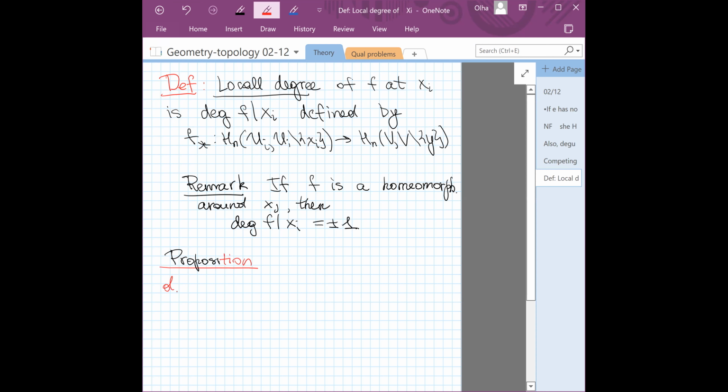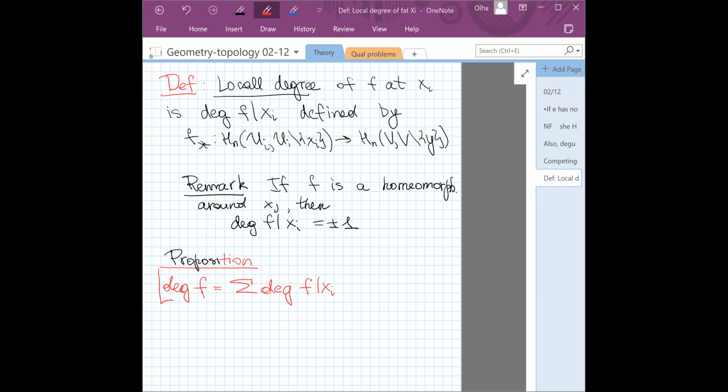So here's how the local degree is connected to just degree. If we want to compute the degree of the map f, we just need to add up the local degrees. This is another thing I'm not going to prove, but it's already very similar to what we had last quarter.